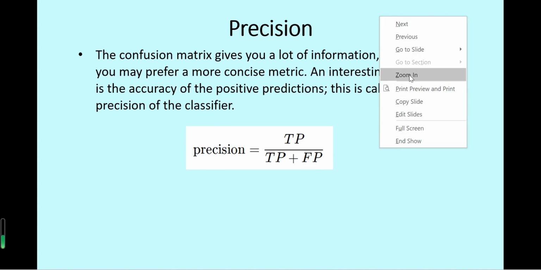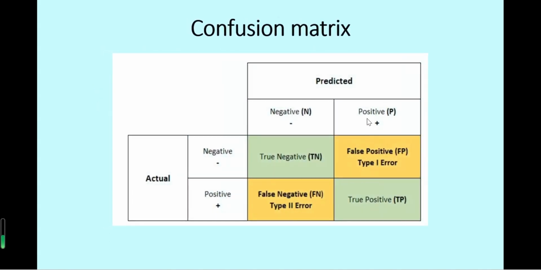So this is the true positive, divided by the yellow one and the green one. It means the model classified as positive, but what percent of those classified as positive is actually positive? So we use this one divided by the sum of the yellow one and the green one.